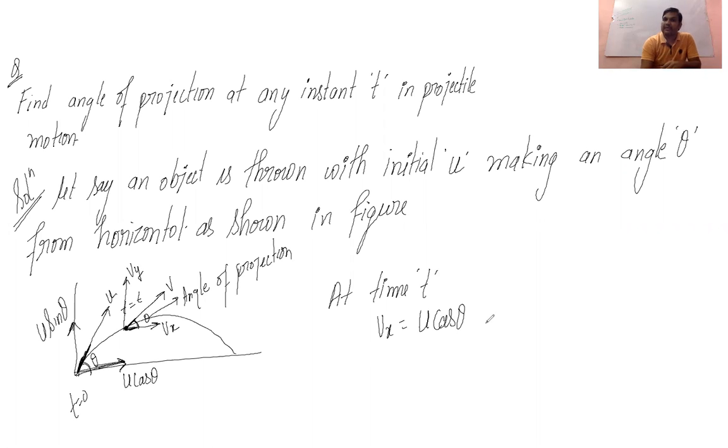Okay, but the velocity along y-axis will be changing. It will keep decreasing, and once it will reach the max height, its velocity will become 0, and after achieving the maximum height, its velocity will once again start increasing. First it will decrease, then it will start increasing. So this is the velocity along x-axis.